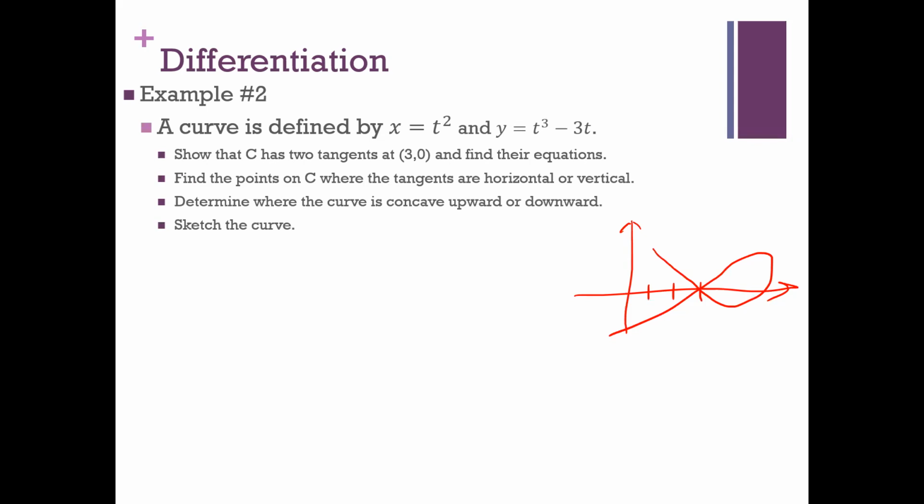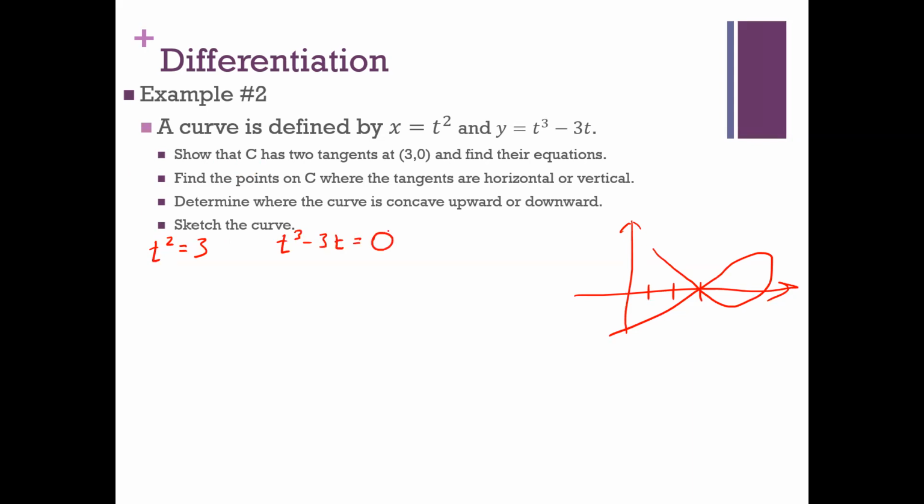So I know the point is x equals 3, y equals 0. Can I find what t value that corresponds to? That point. How do I do that? Okay, so I can do t squared equals 3 and t cubed minus 3t equals 0.